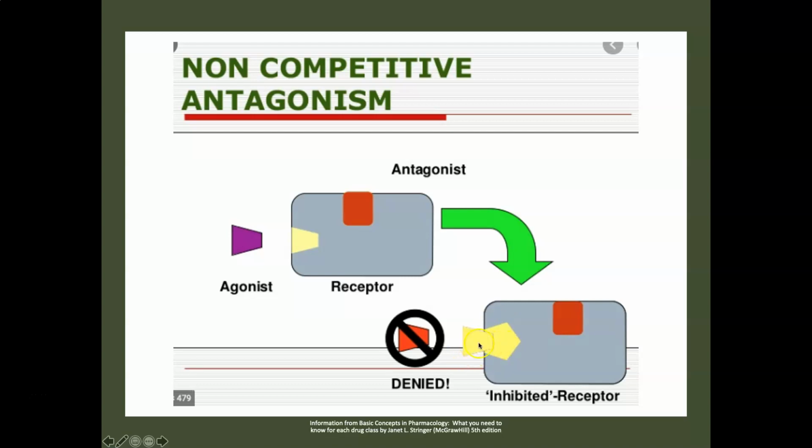So when the agonist tries to hook in, it's the wrong shape now. It can't attach. So if you're taking a non-competitive antagonist and you want to use an agonist, it's not going to work. You can give the patient as much agonist as you want, but because the receptor piece the agonist is going to try and fit into has changed because of that non-competitive antagonist, you're out of luck.